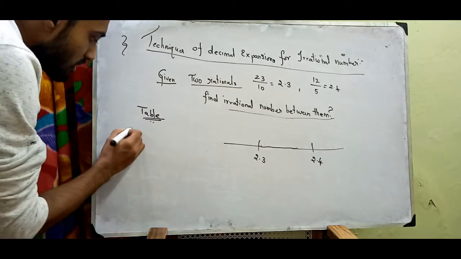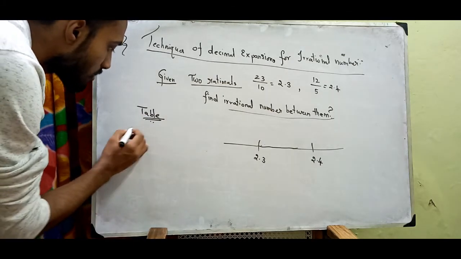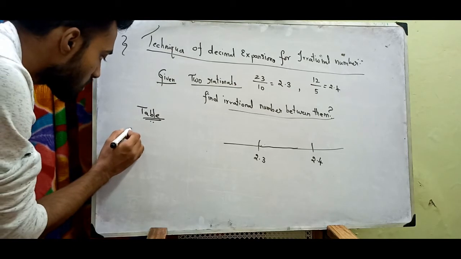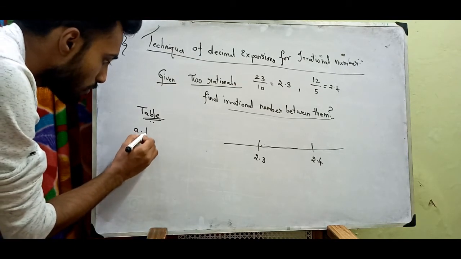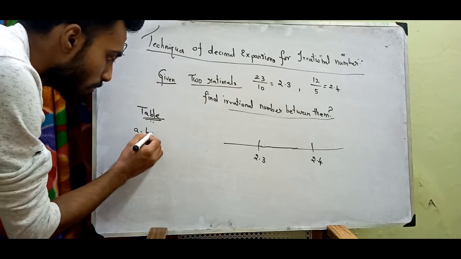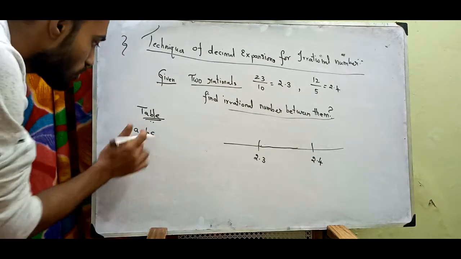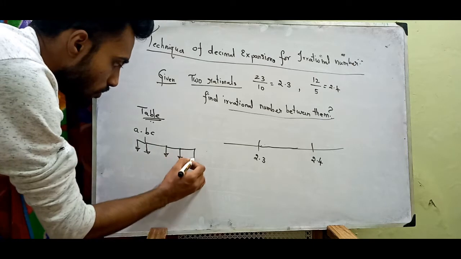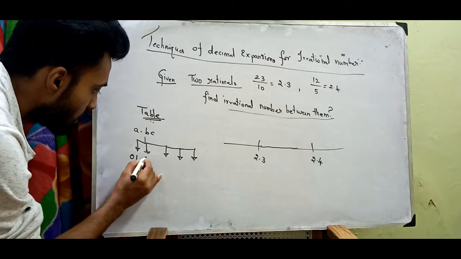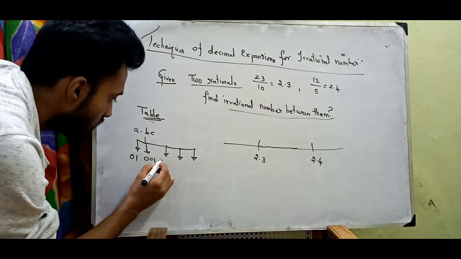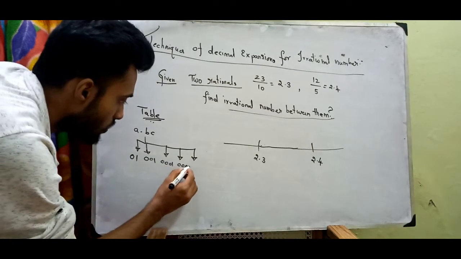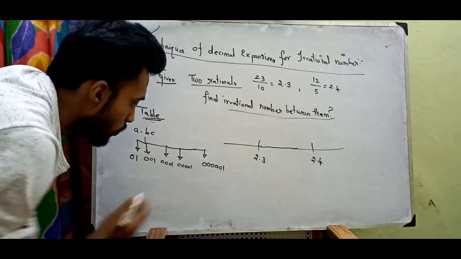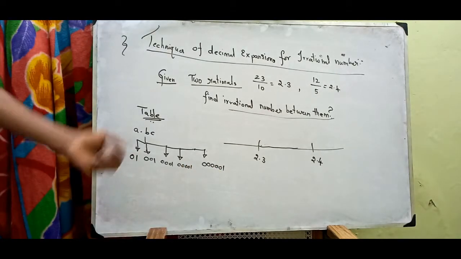See, if the decimal is given in the form of a terminating rational number, I'm just writing it as A point B C. What you have to do here is add 01, then 001, 0001, 00001, and so on.